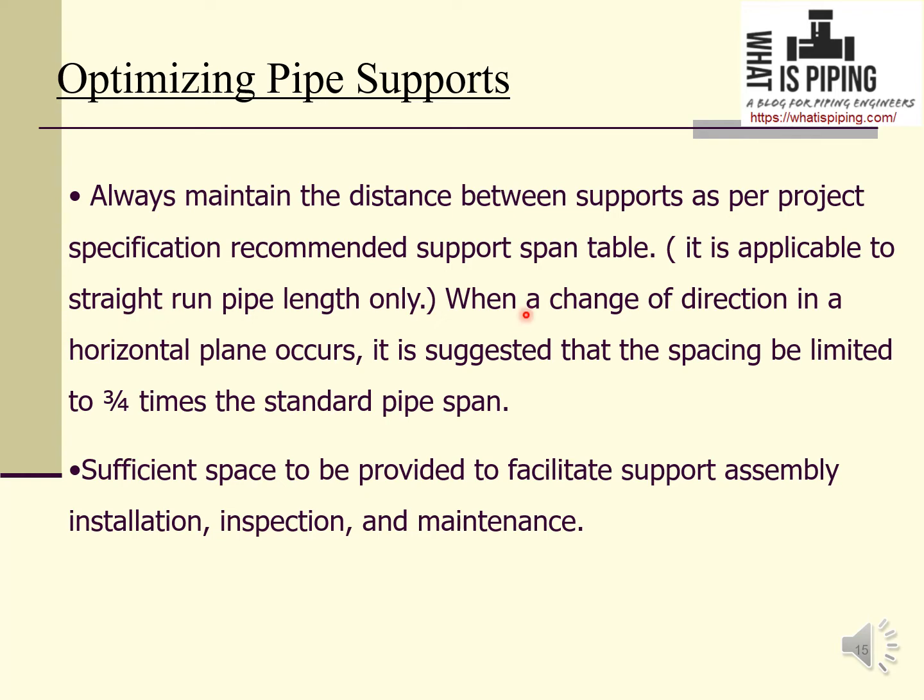But when there is a change in any horizontal plane, it is suggested to reduce the normal support span by 3-4 times or by 0.65 times of the standard support span depending on the configuration. Now sufficient space to be provided to facilitate support assembly, installation, inspection and maintenance.